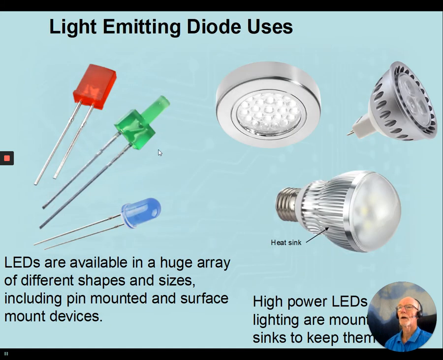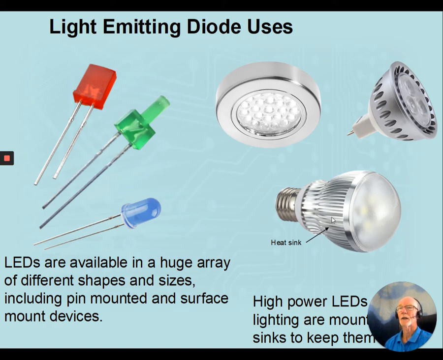Light-emitting diodes come in different shapes and sizes. These small ones are used as indicator lamps. We also now are aware, I'm sure, that we have LEDs used in high power applications, like this one up here, which is a downlight. These differ slightly from the little ones in that they actually do get quite hot when they're operating.